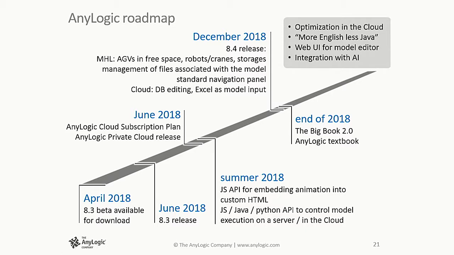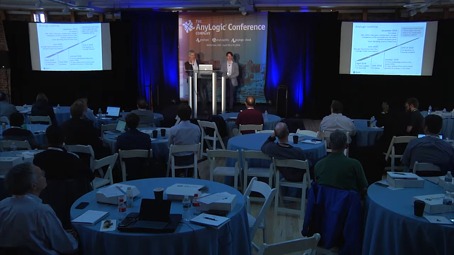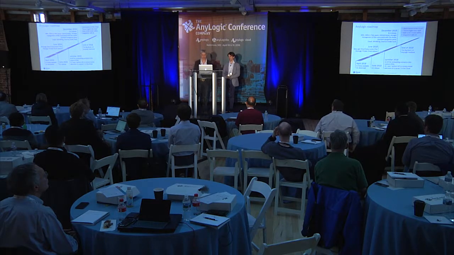So don't worry, Java fans, Java will stay there probably forever. But the goal is, for those frequently needed actions, to provide you with the ability to use a more human-readable form of specifying those actions and conditions in AnyLogic than just Java.